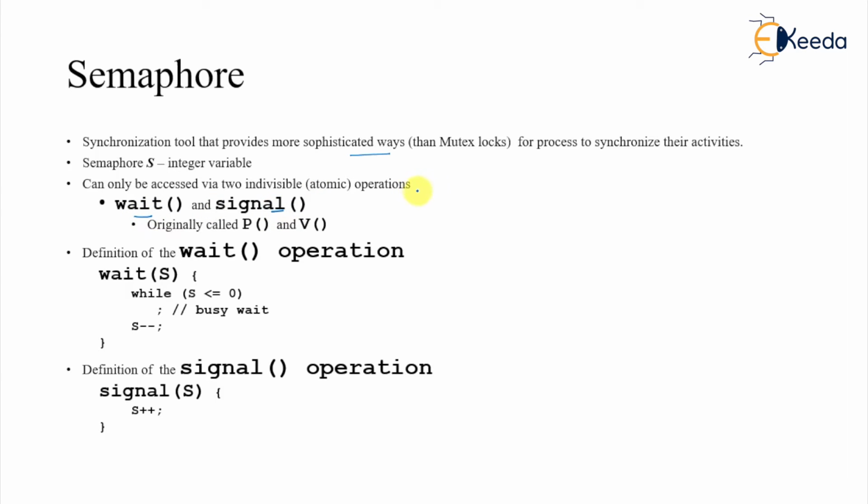Now we have wait. There are a few terminologies: wait, down, or P, and we have another one, signal, and then we have up, or V. This P and V are basically Dutch terms, and the meaning is: P is probeer and V is verhoog.